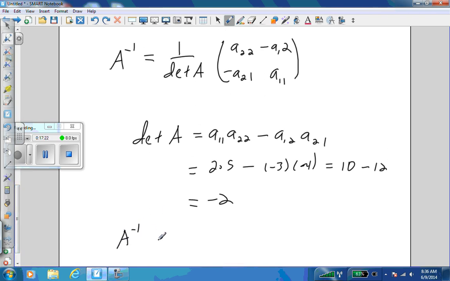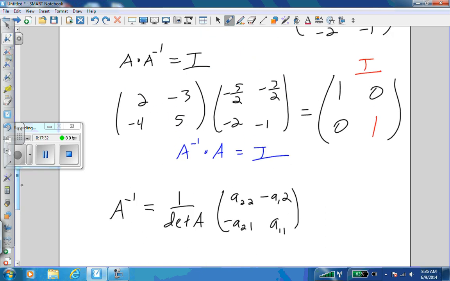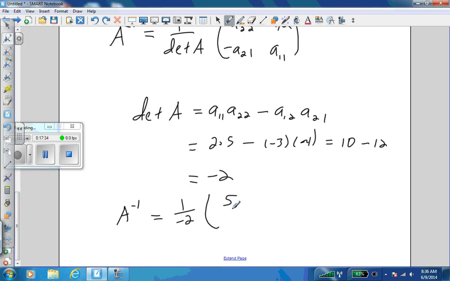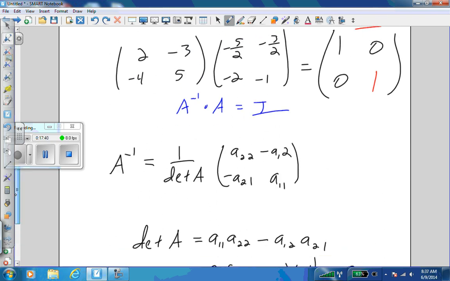So if this theorem works, then 1 over negative 2 times what we get when we manipulate our matrix. So swap the 2 and the 5. Leave these in that place, but change their signs.